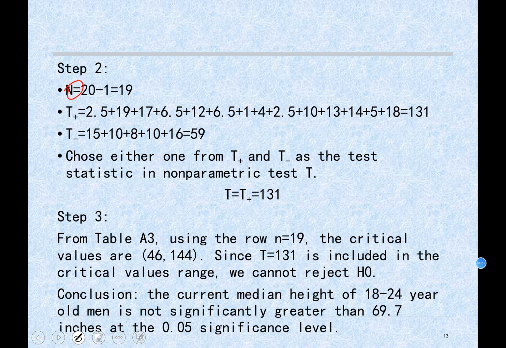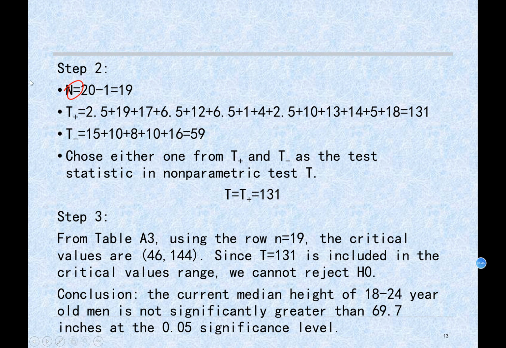Similar to what happens in the other hypothesis tests, we need to check a critical value or a standard value from a special table. So here in the Wilcoxon signed rank test, we need to use table A3.